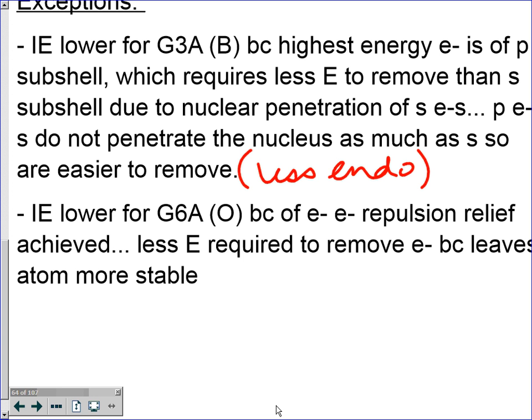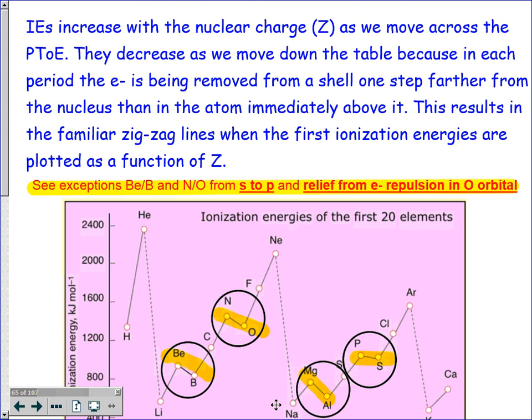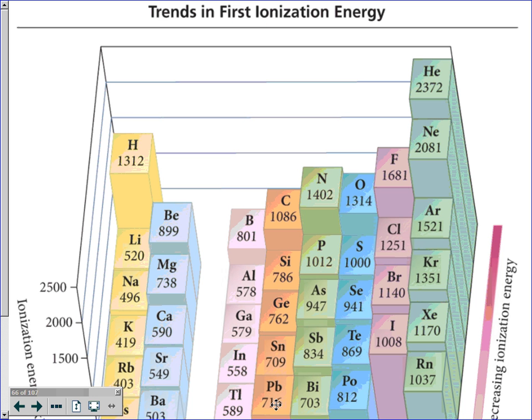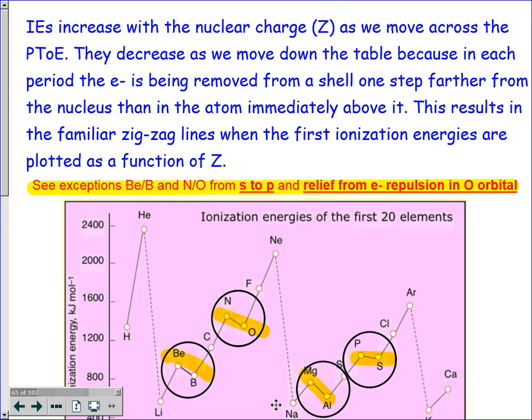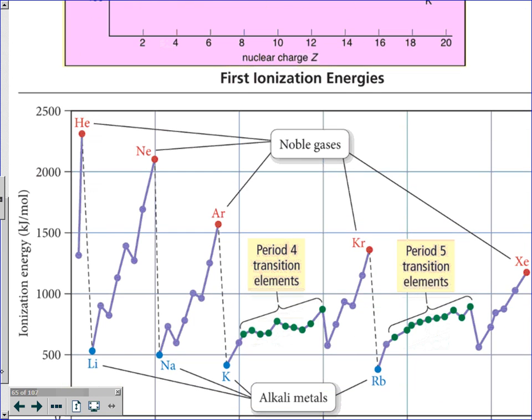So those are phrases or ways you can explain any free-response question regarding ionization energy. All right, I'm going to go forward. Okay. Let's see if there's anything down here. No, just another graph. Okay.